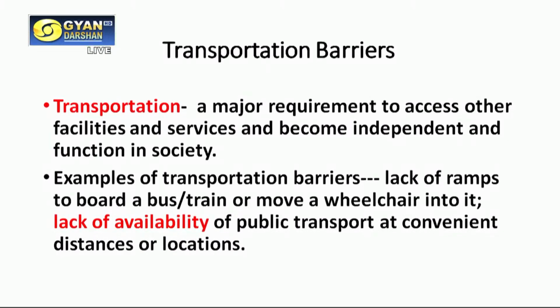You may have public transport, but if the distance from the individual's house to the bus stop, metro station or railway station is very long and the person has no way to reach these transport facilities, it will become very difficult for them to access transportation and therefore access different places and services.